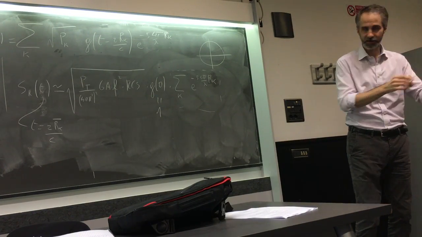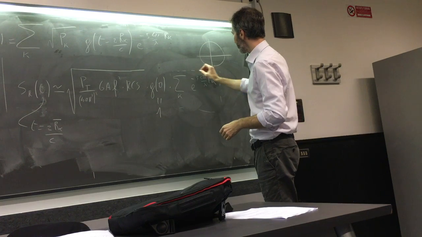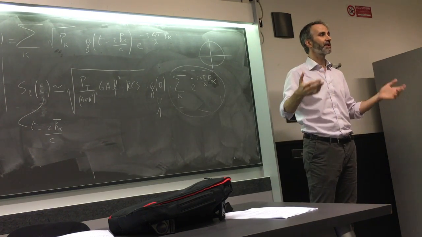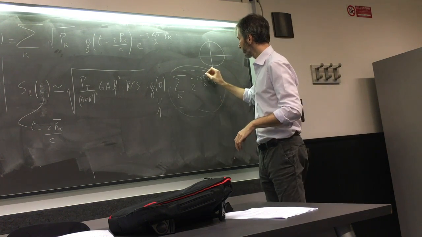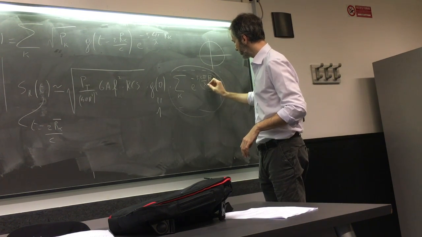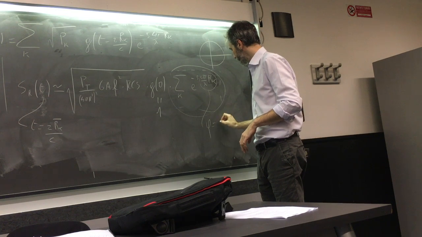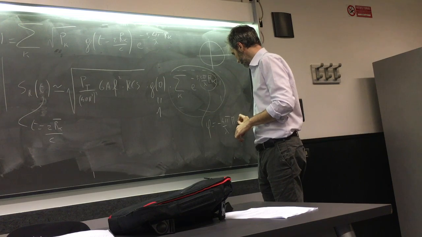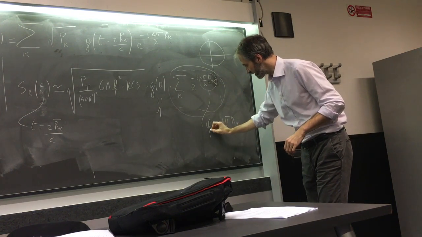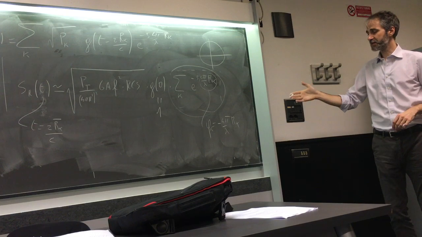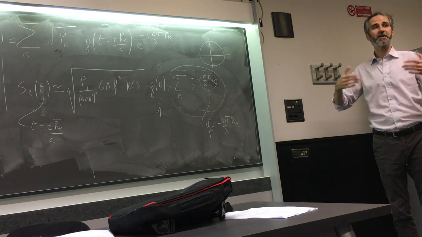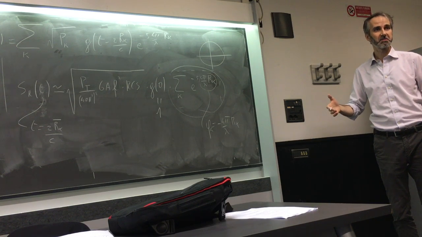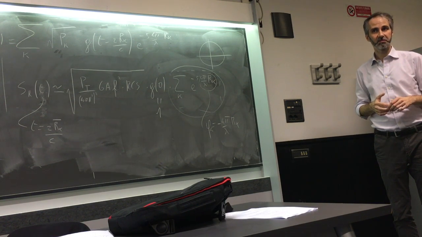target inside this resolution cell, then this one can be considered as a random signal, meaning that this phase here, let's call it phi k, can assume all the possible values with the same probability. Yes?